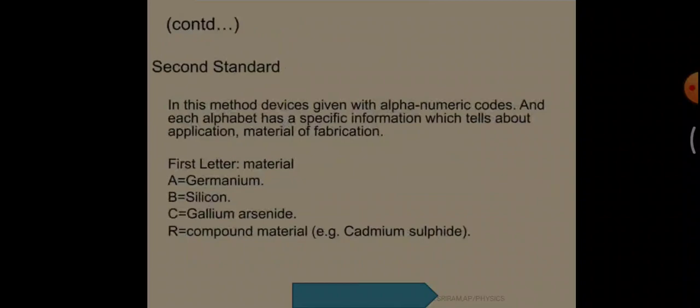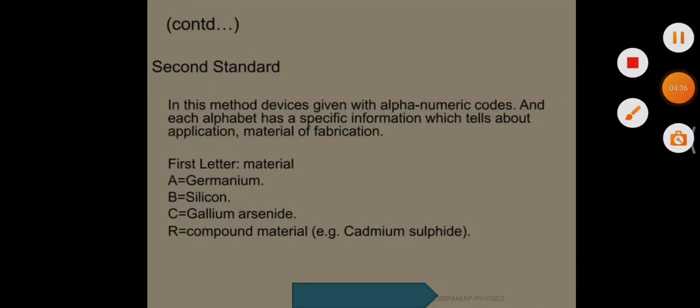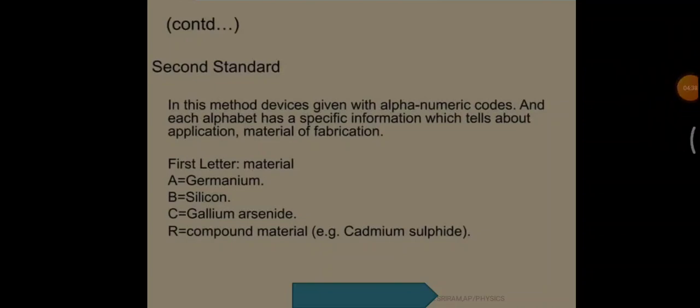And the second standard: in this method devices are given alphanumeric codes, and each letter has specific information about the application and the material of fabrication. First letter, materials: A germanium, B silicon, C gallium arsenide, and R compound materials such as cadmium sulfide.